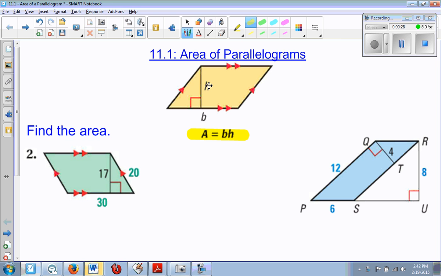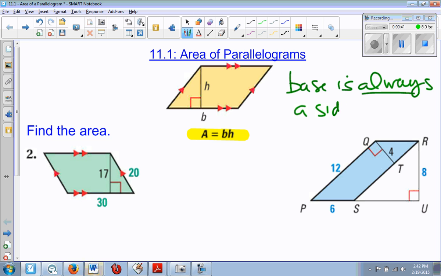What we need to know about base and height is that the base is always one of the side lengths. And then the height of the parallelogram always hits the base at a right angle.